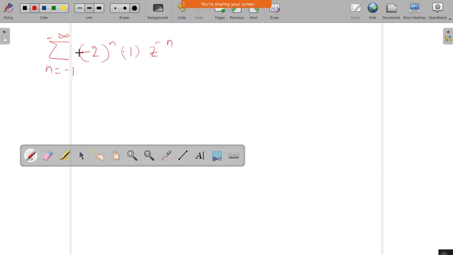So, if I take minus of minus 2 power n, now we can get minus summation k equal to 1 to infinity. If I substitute n equal to minus k, k will go from 1 to plus infinity, and then minus 2 power minus k into z power plus k.